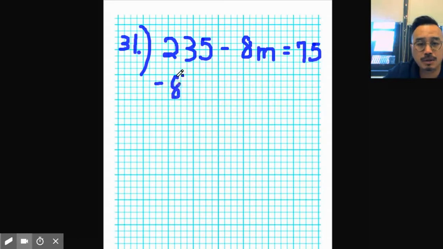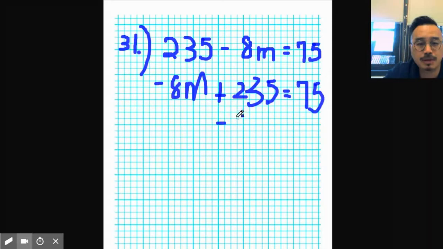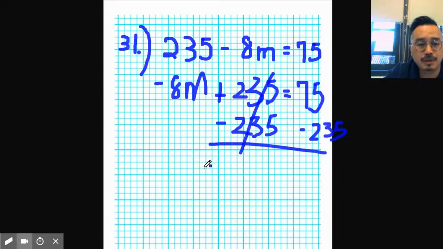So that's the only right way to do it, I suppose. Now, let's solve it. Negative 8m plus 235. So I'm going to subtract 235. So that cancels out negative 8m.